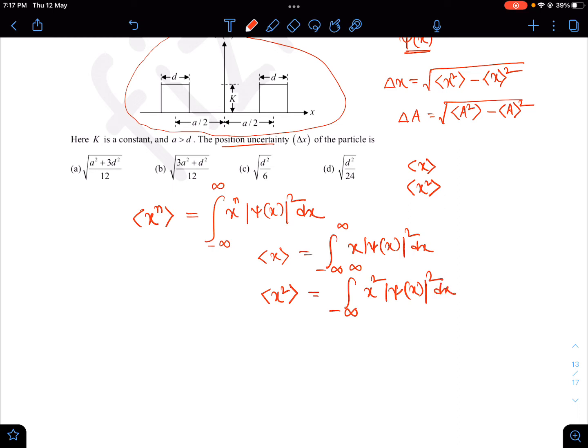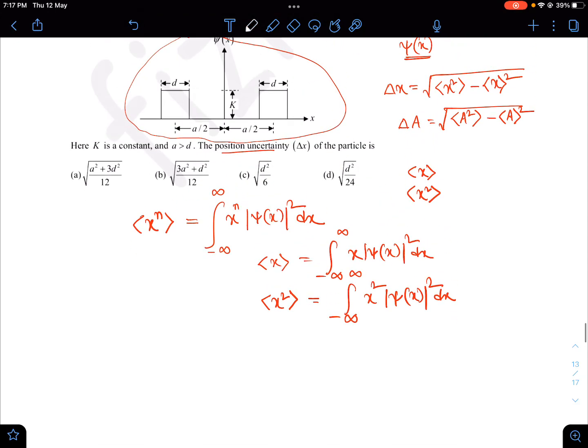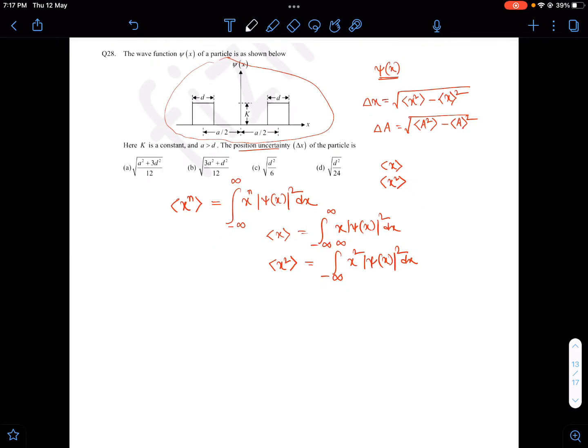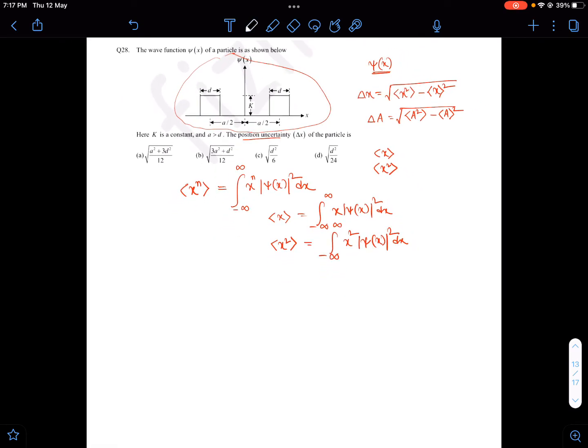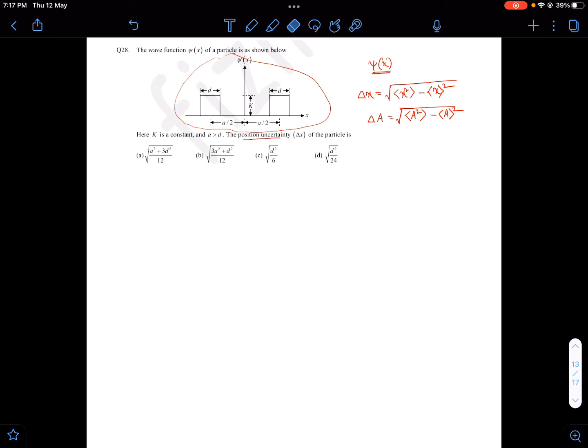So let us proceed. First we have to write down the wave function. By looking at the picture, so let me erase this. So what can be the possible wave function of the particle?